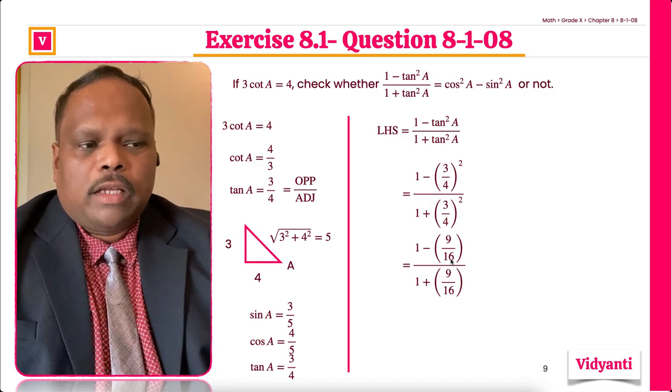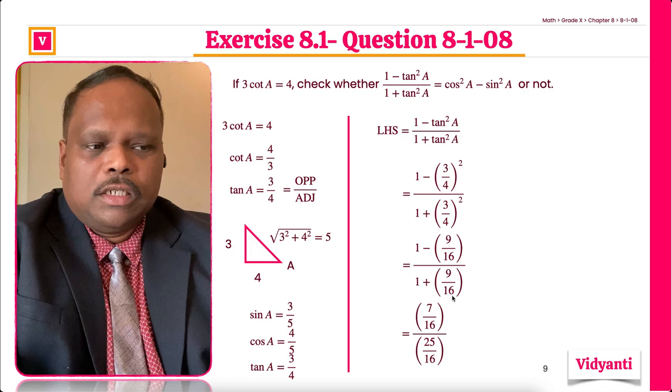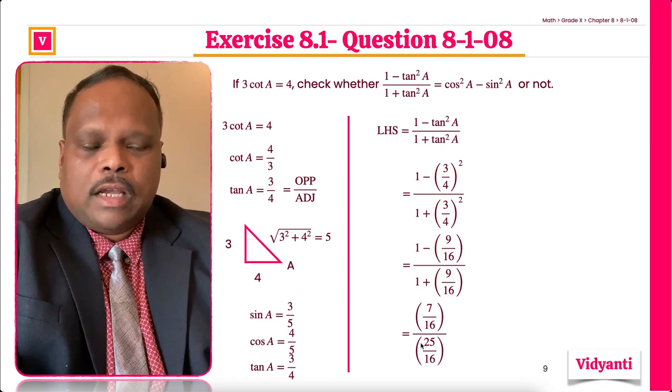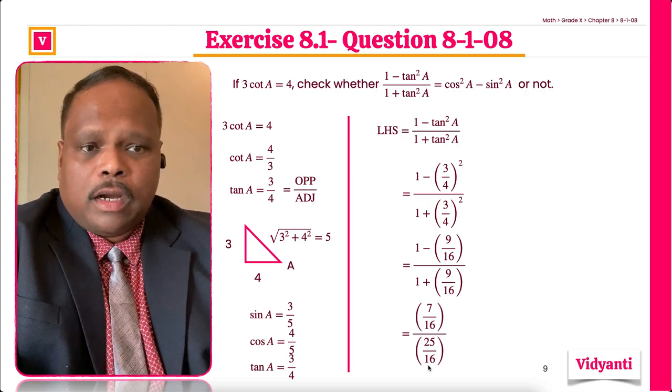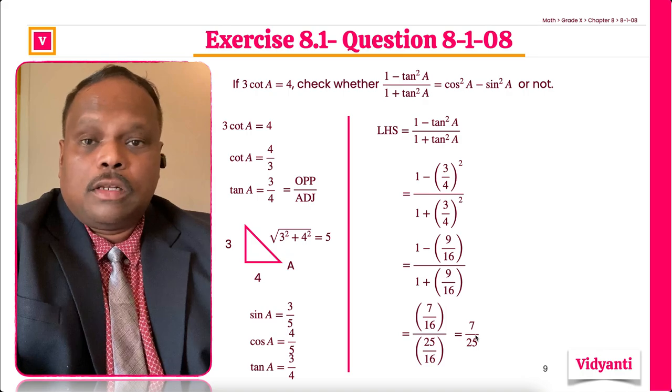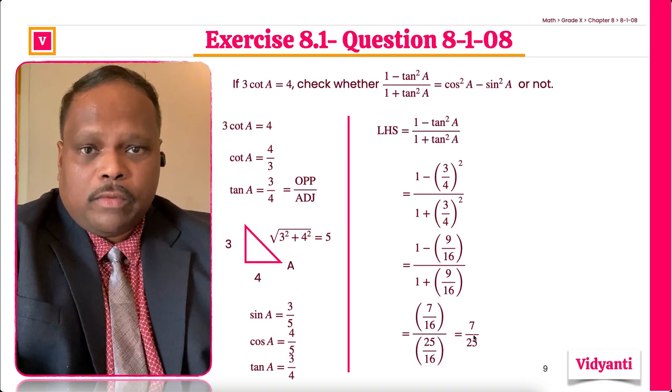Once we cross multiply, this will be 16 minus 9, so that will be 7 upon 16. And this will be 16 plus 9, that will be 25 upon 16. We realize that upon 16 is common. We can cancel that from numerator and denominator. So our simplified answer for the left hand side will be 7 upon 25.